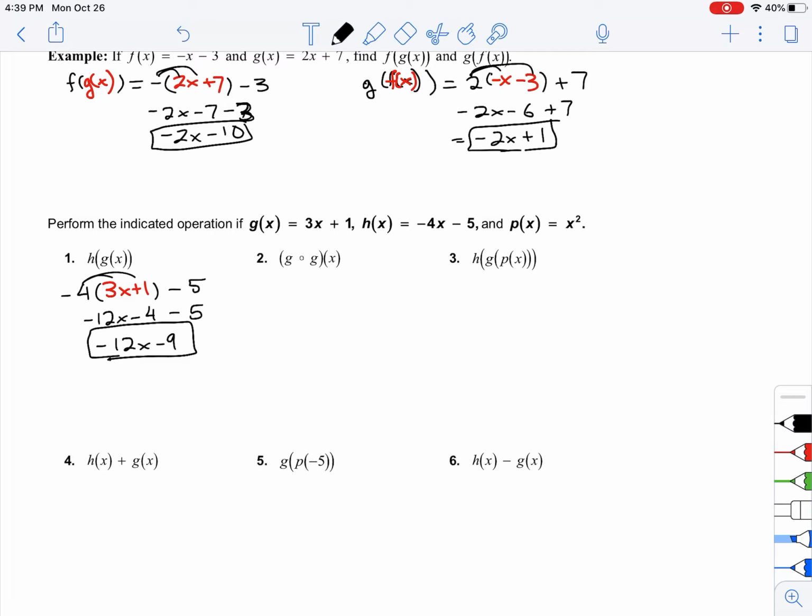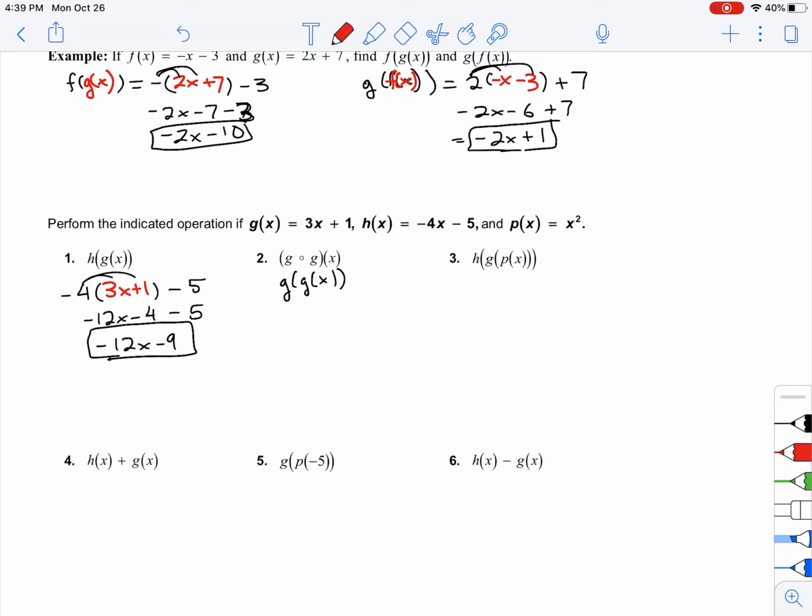So for number 2, we have g of g of x. So g of x can also be written like this. We are basically putting g of x inside of itself.